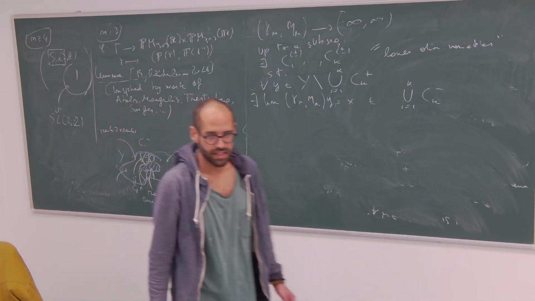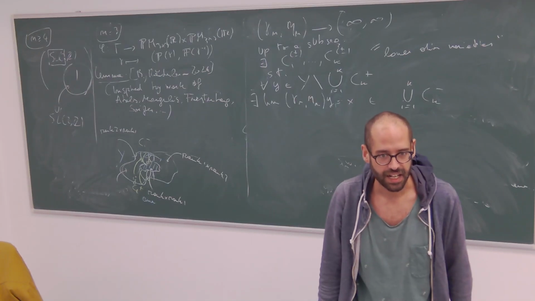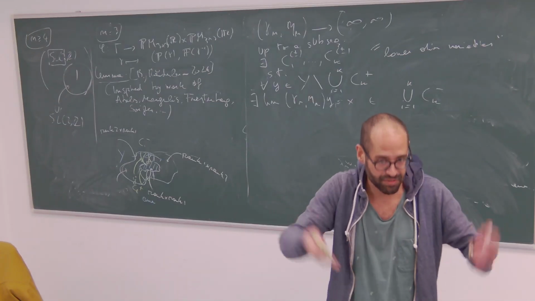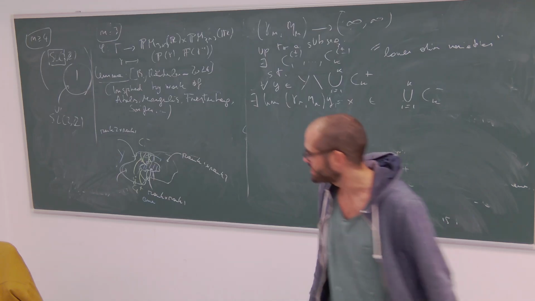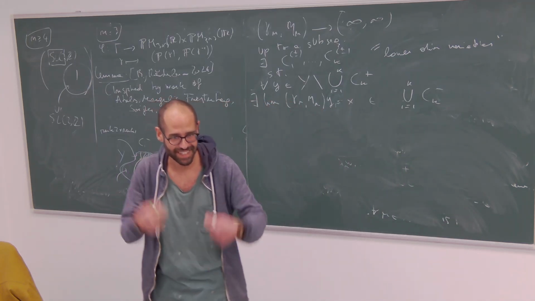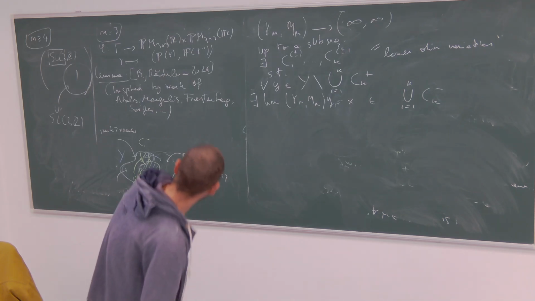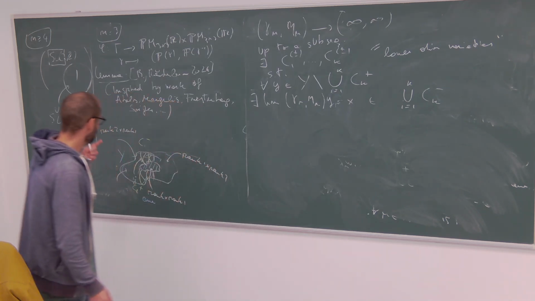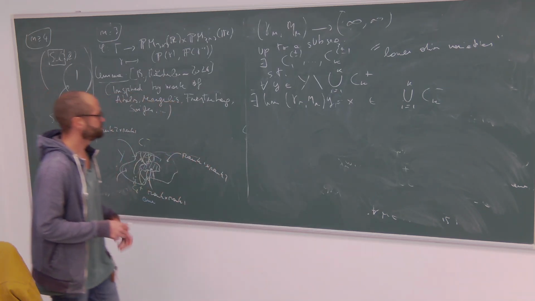Repelling, attracting. Yes, we have this sort of behavior, exactly, except that instead of having one point, we have these lower dimensional varieties. And so this is actually a useful dynamical property.